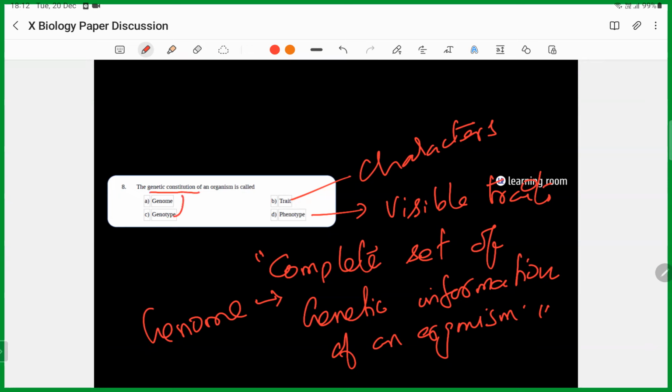So genotype is the genetic constitution. For example, these things are the genetic constituents. How can you describe this one?